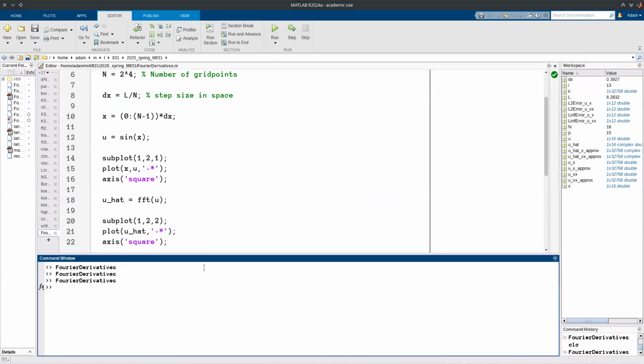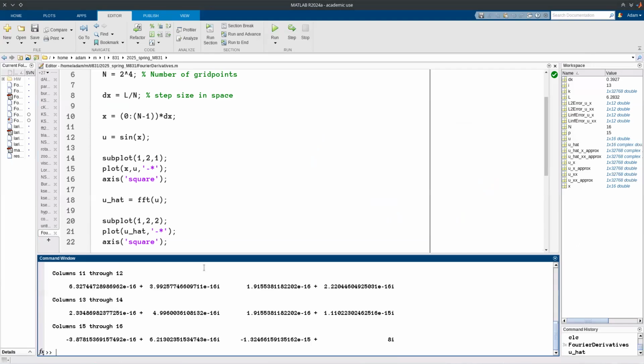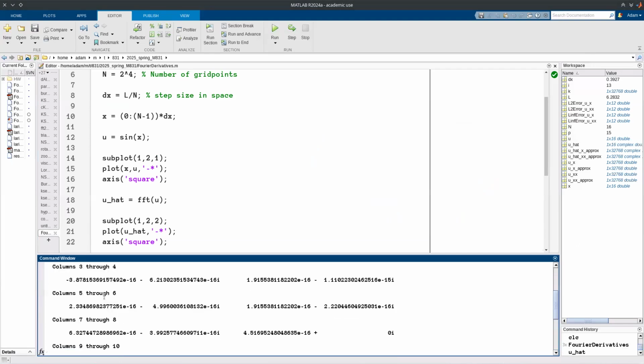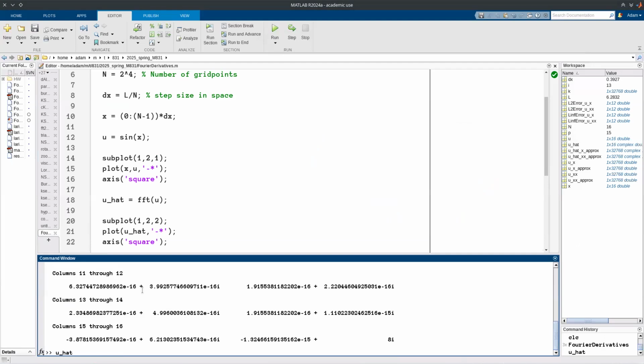If we take a look at what this u hat is, if I read it like this, it's kind of hard to read because it's all in columns. So what I'll do is type u hat dot prime, which will just give me the transpose. You can use prime for a transpose, but technically that also conjugates everything. And since the Fourier transform can give you complex values, we don't want to conjugate those.